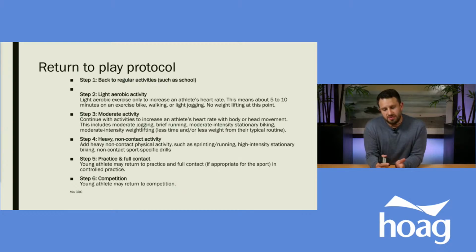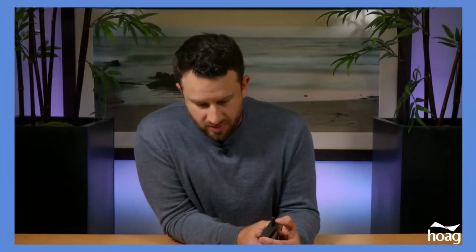The goal would be to move slowly and not go backwards once we start the return to play protocol, but it does happen quite a bit that we have to take a day or two and start over. Then we get the athletes into a full practice or scrimmage, so there's still not all that pressure for the kids to compete. And if all those stages are passed and they're not getting reproduction of their concussion symptoms, we allow them to start competition again.